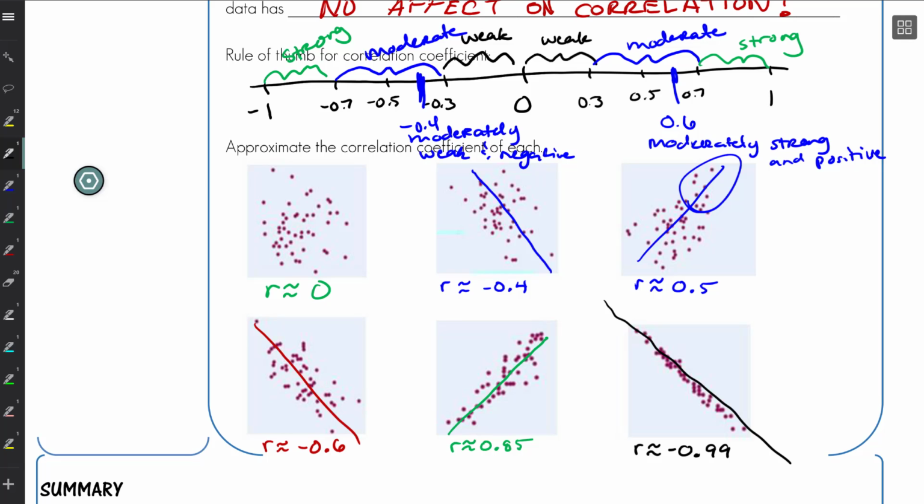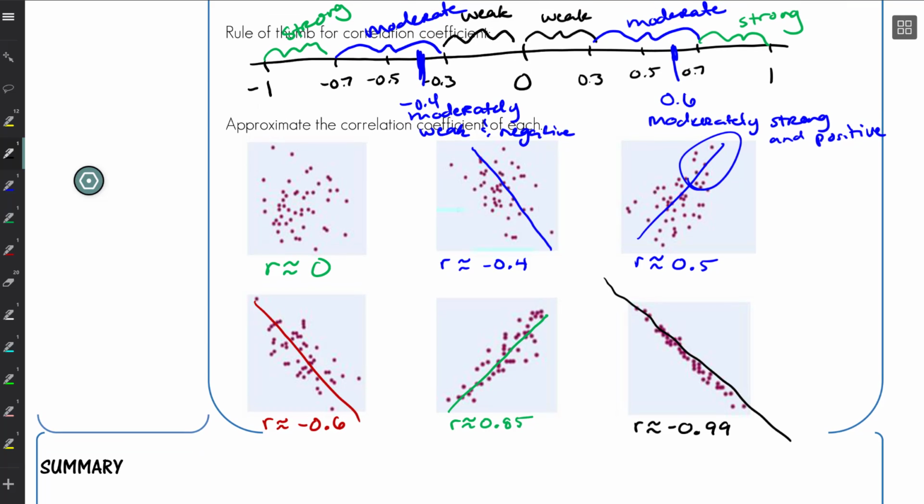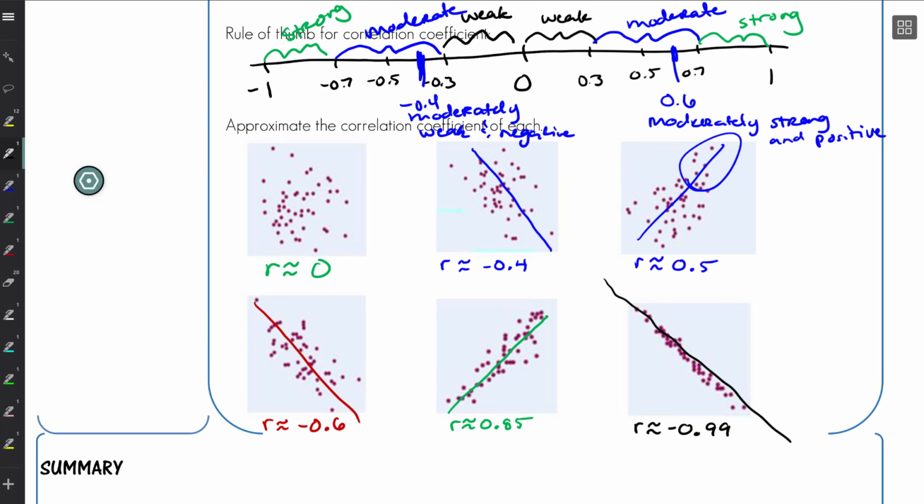Okay. The biggest thing I can suggest to you is, don't trust your eyeballs as much as you can trust that calculator. But do remember that your calculator for the correlation coefficient is only applicable if we know that there's a linear relationship. So, big note for you, always look at your scatter plot before interpreting your correlation coefficient.